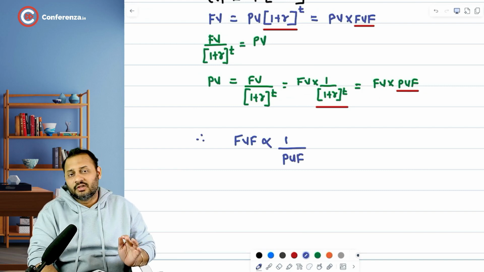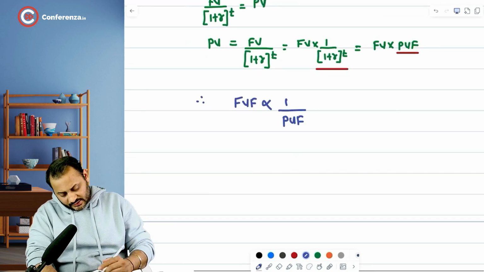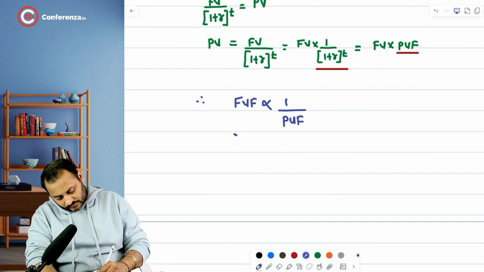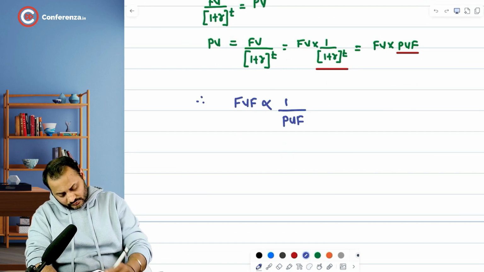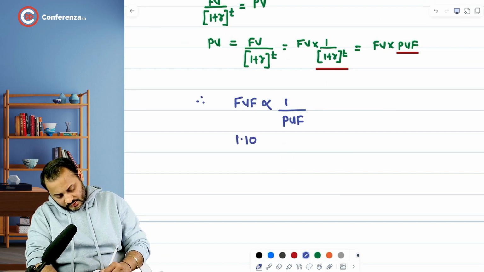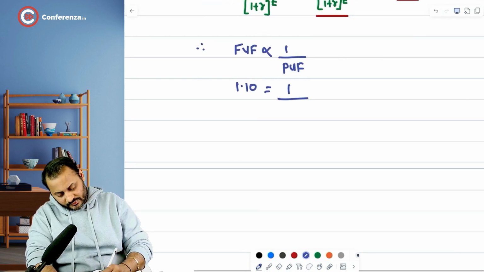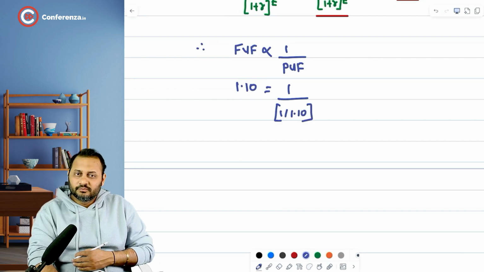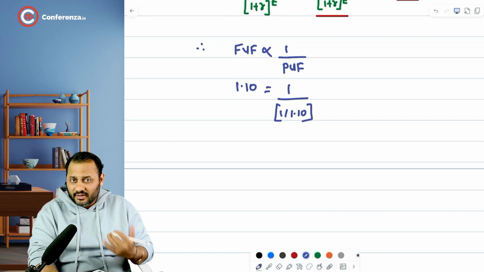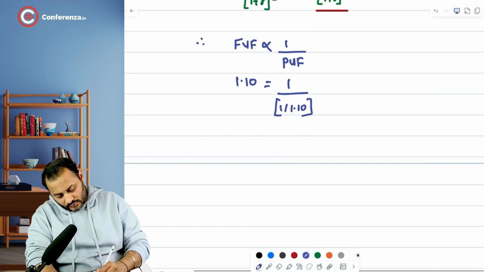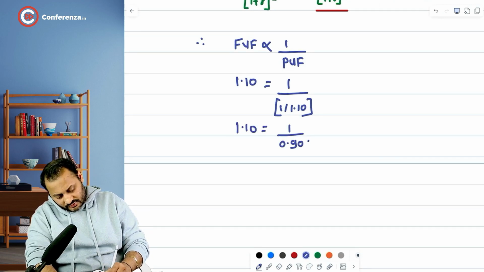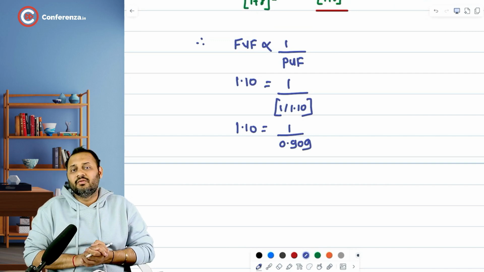Simple. That means 1.1 is equal to 1 divided by present value factor. That means 1 divided by 1.1. Because present value factor itself is 1 divided by something, right? So 1.1 is equal to 1 divided by 0.909. And both will be equal.